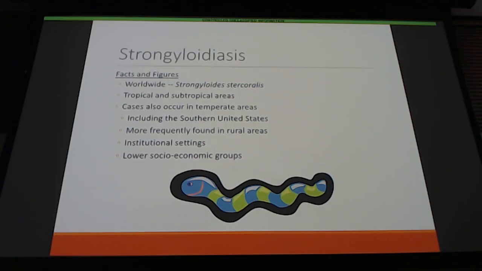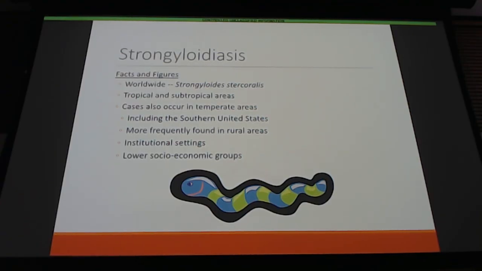A lot of the reason why this is found more in the southern U.S. is because it is more rural and they have a lot of lower socioeconomic groups down there, and those are the groups most commonly affected. It's usually when bare skin is exposed to infected larvae in infected soil or feces that it penetrates your skin.